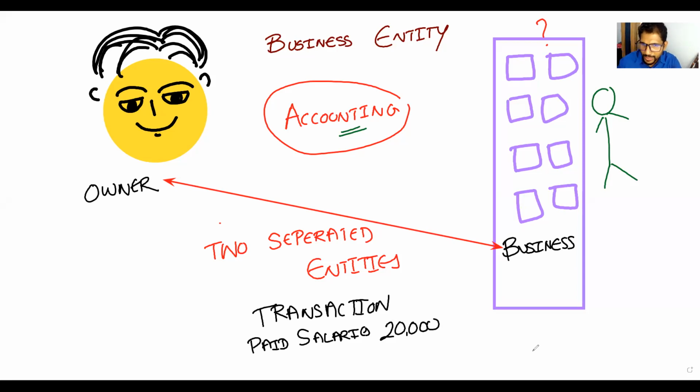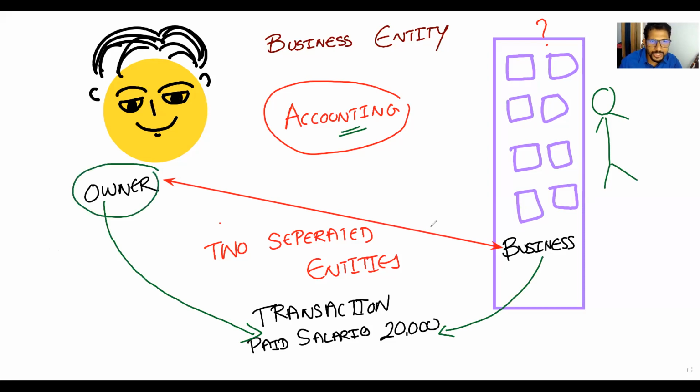According to the business entity concept, there are two perspectives. First one is how the owner observes this transaction, the owner's viewpoint. And the second is the business's viewpoint. So we have two perspectives: how the owner sees this transaction and how the business observes it.